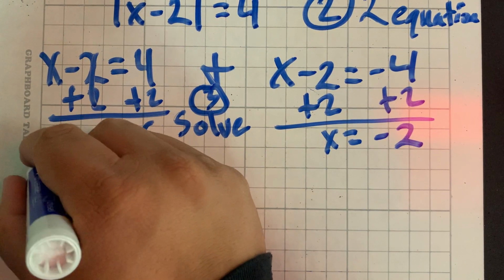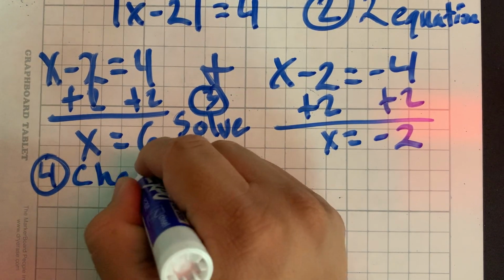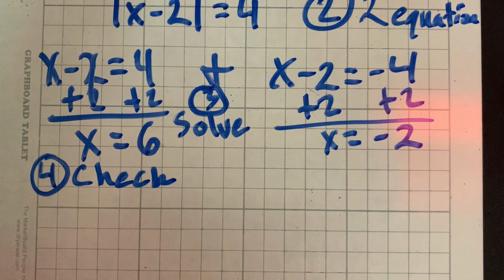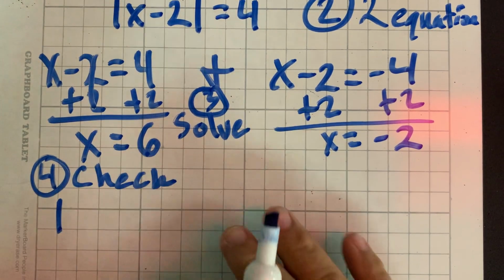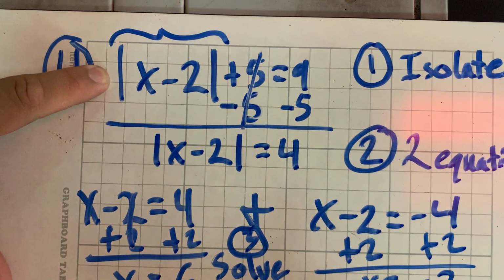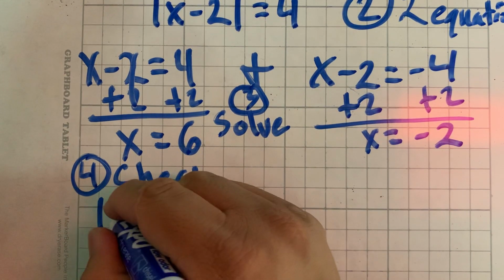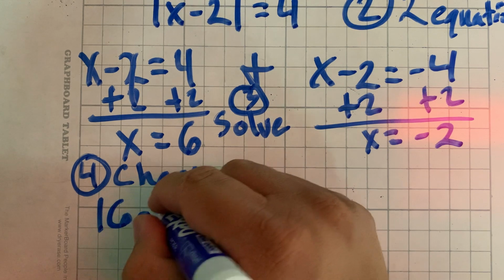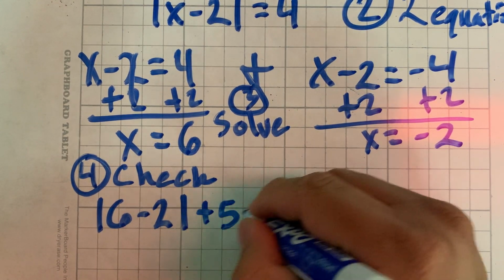Now that we've solved for x, the last step is to check your work. In order to check your work, again, you're using the original equation. That means this one all the way up here. We're using the original equation, and anywhere I have x, I'm replacing it with the value that we got as an answer.